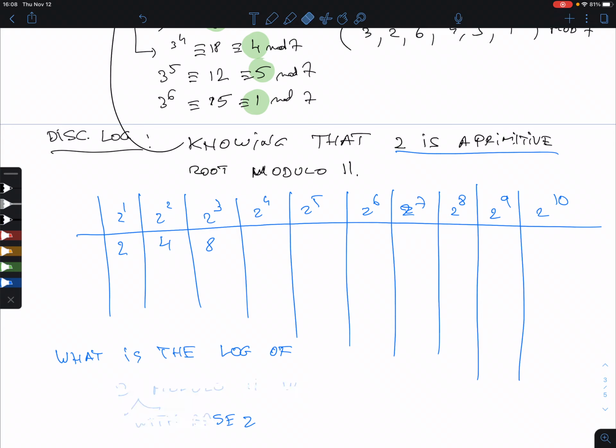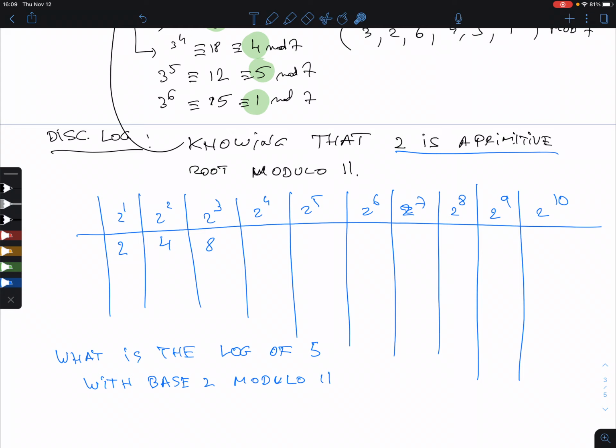What is the logarithm of 5 with base 2 modulo 11? So logarithms always come with a base. That is no surprise. And sometimes in the book, I think they do actually use the notation log 2 here. But there's one more thing. This is also modulo a prime number. Remember, this has to be a prime number. Otherwise, it doesn't work. Okay. What is the logarithm of 5 with base 2 modulo 11?